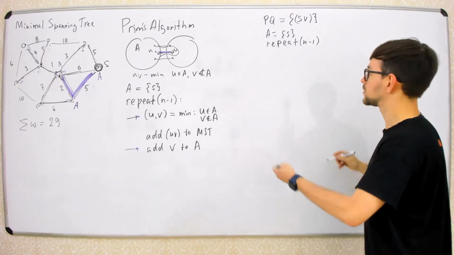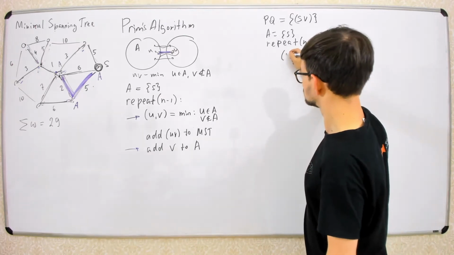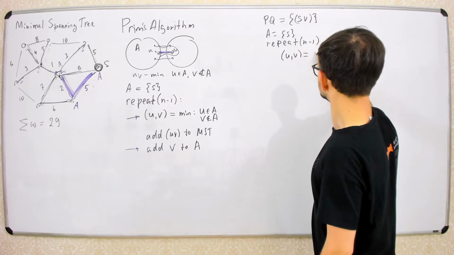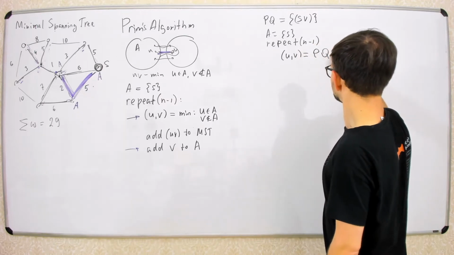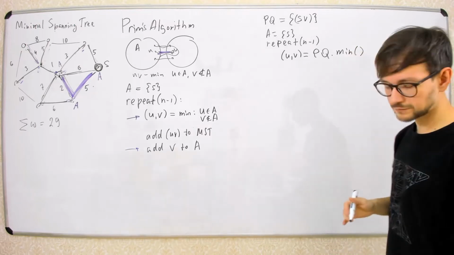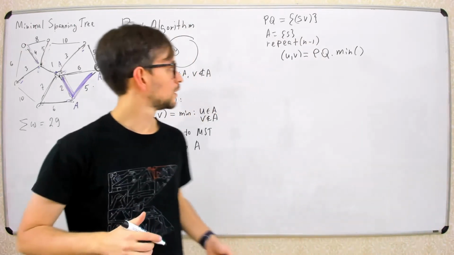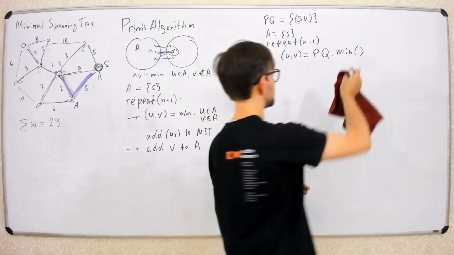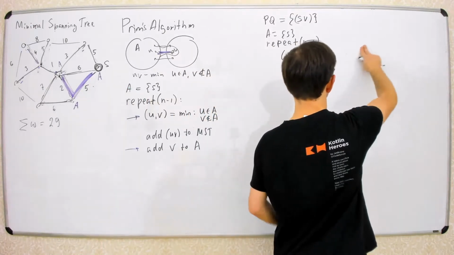We take the minimal element from the queue. Let's say remove min just for simplicity.